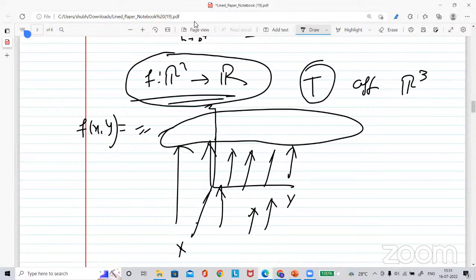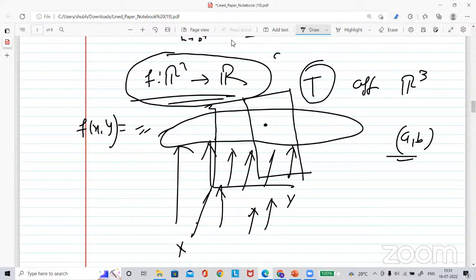So tangent at a point means you are getting a tangent plane in R3. Suppose the tangent point at (a, b) for this function is here. You got a value here somewhere; when you substitute (a, b), it will give some value, let's say this is c here.